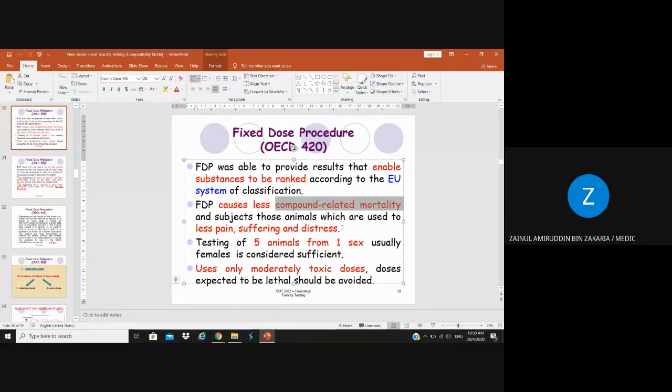From 200 it becomes 100, and then from 100 you reduce to another dose. For me, I use fivefold, so 100 divided by 5 will be 20. So the doses selected for the anti-inflammatory study after I carried out my OECD will be 20, 100, and 200. So that is how you design your experiment.